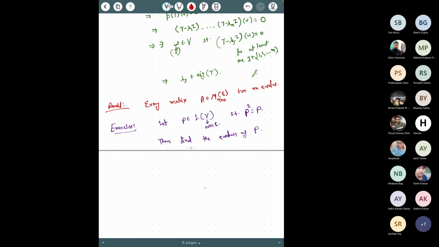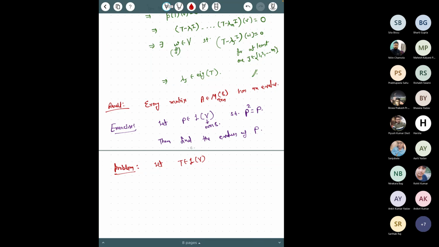So you can prove that if P is an operator on a finite dimension, so we are talking about finite dimension vector spaces, or we are talking about matrices, then it is automatically finite dimension. So we are talking about eigenvalues and eigenvectors of operators on a finite dimension vector space.